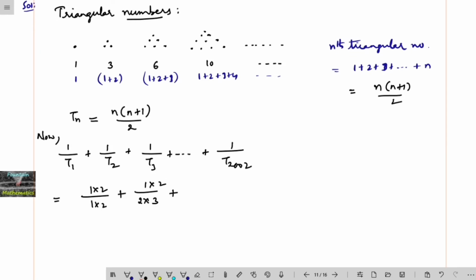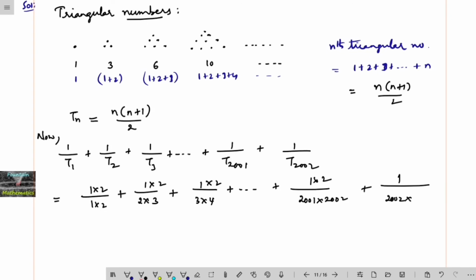The next number is 1 upon 3 into 4 divided by 2, and so on up to T2001, which is 1 upon 2001 into 2002 divided by 2, and the next number 1 upon 2002 into 2003 divided by 2.